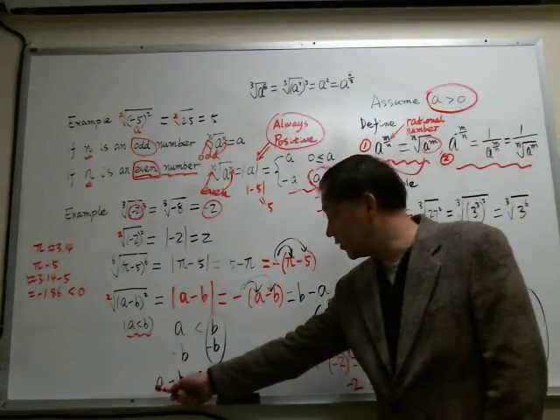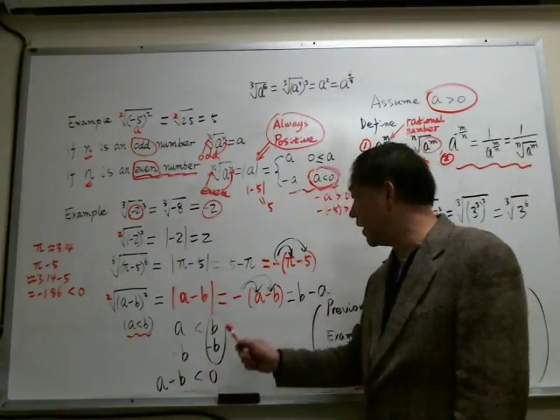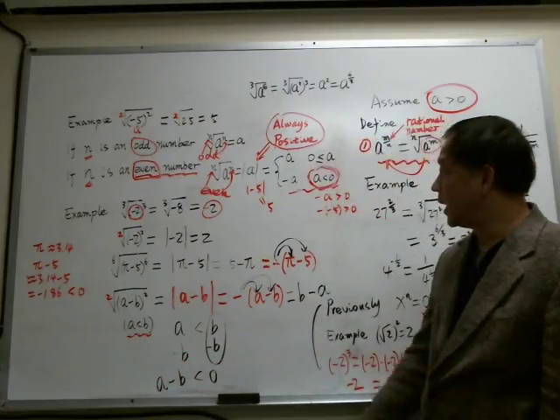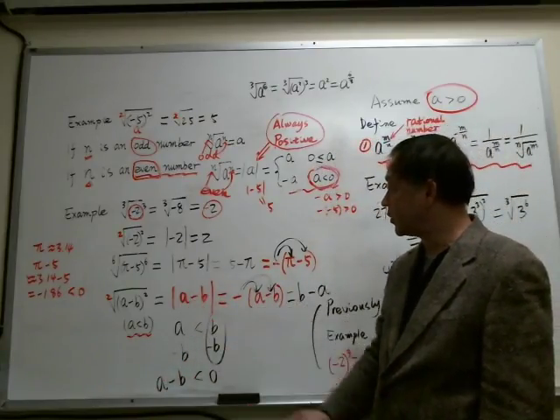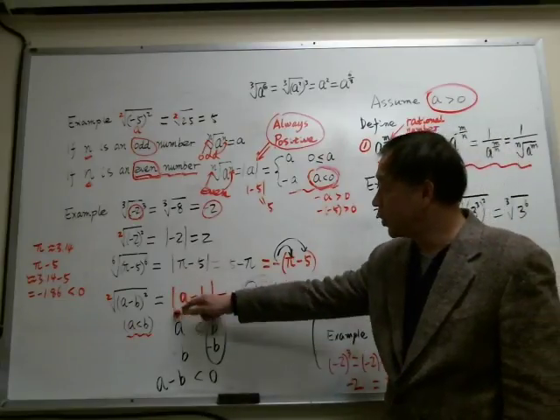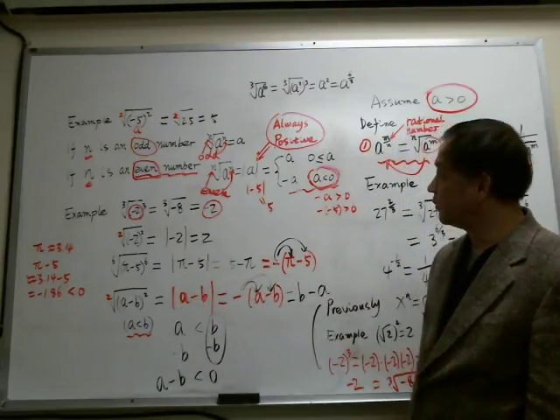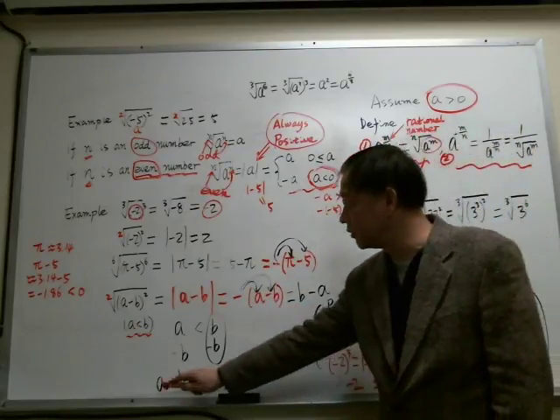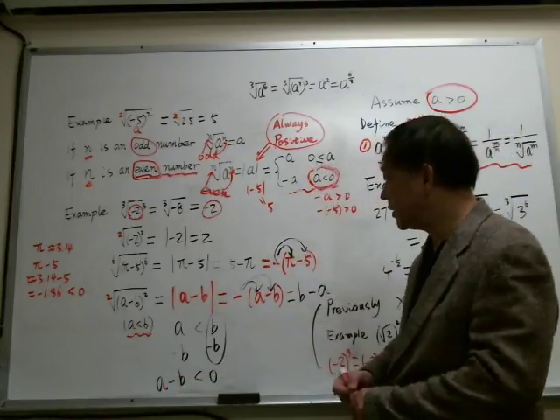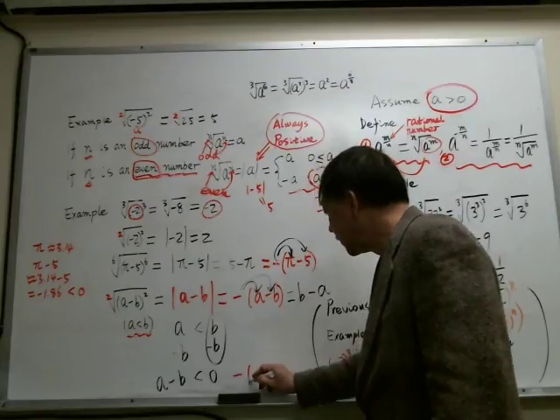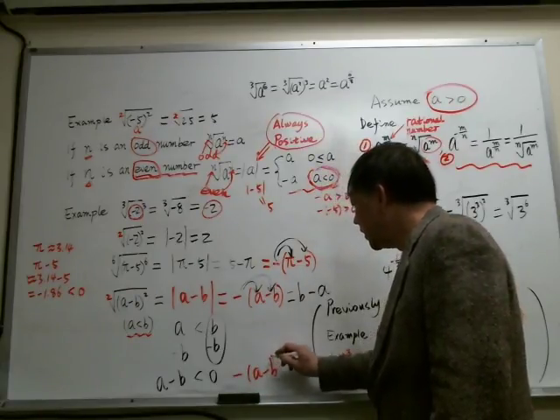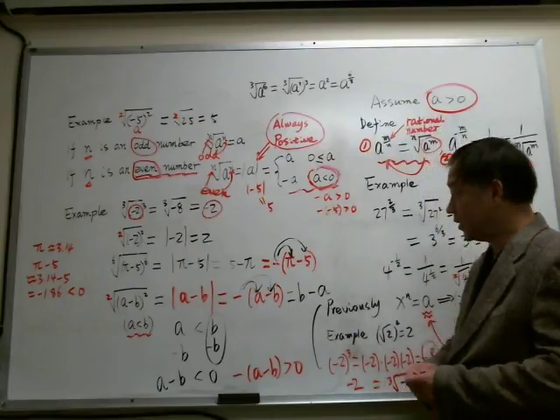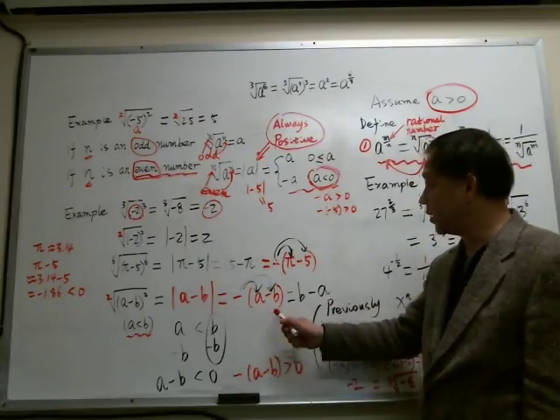Since it's negative, you put the absolute value, and then the absolute value of a minus b with a negative in front of it is going to be positive, because a minus b is negative, so negative (a minus b) will be positive. So this number is actually a positive number.